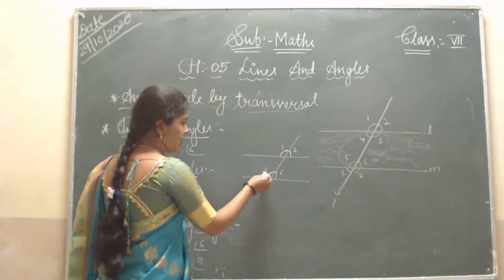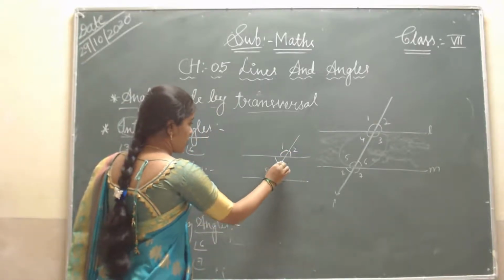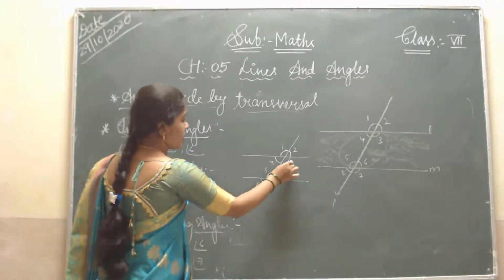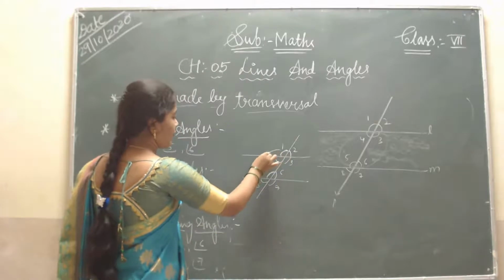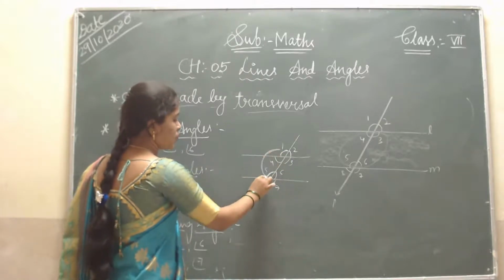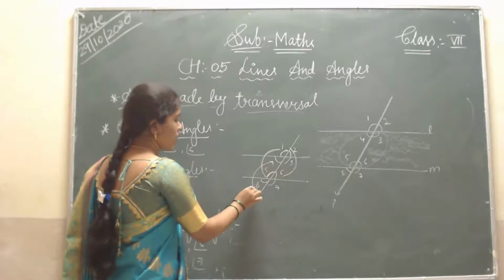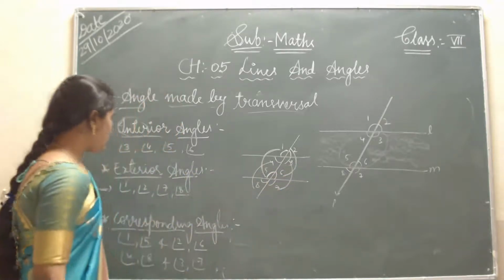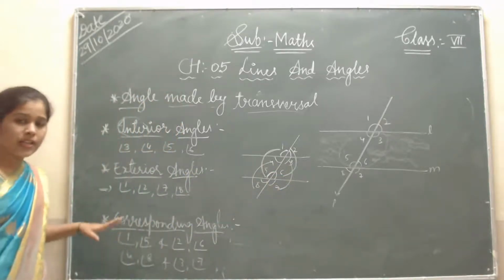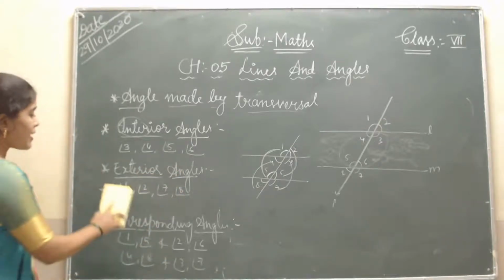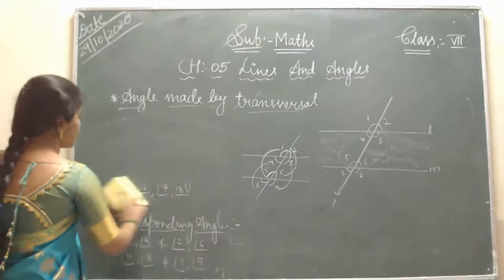See here, 1 and 5, 2 and 6, 4 and 8 and 3 and 7. So these are the corresponding angles. Corresponding angles means the angles on the same side of a transversal line.